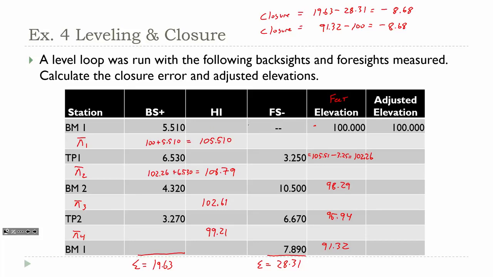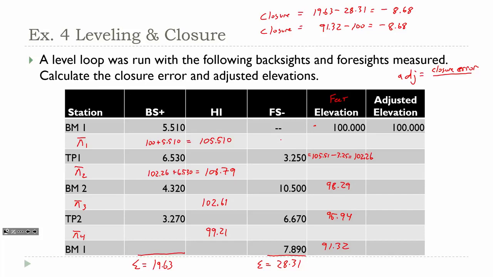Anybody remember how to do that? Adjustment equals the total amount of closure error divided by what?